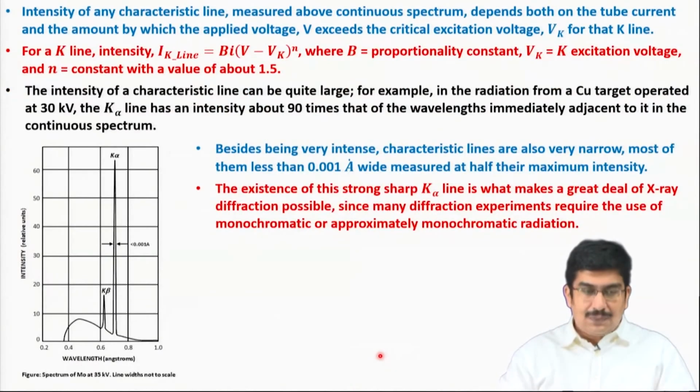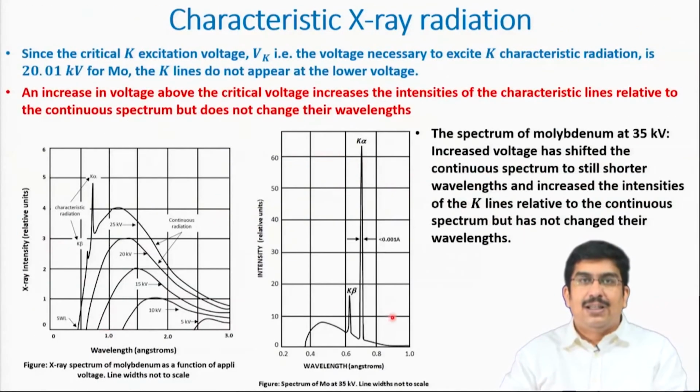Okay. Now, the intensity of any characteristic line is measured, as I said, over the continuous spectrum. If you look at another important point in this continuous spectrum here, the short wavelength limit has now come to a smaller wavelength compared to the others, and the maximum has also shifted to an even smaller wavelength, even smaller than the characteristic line.